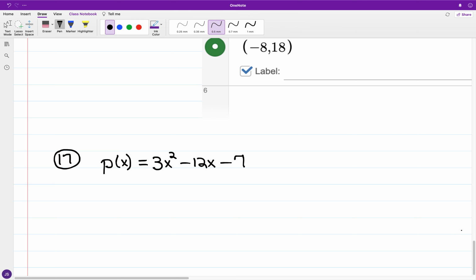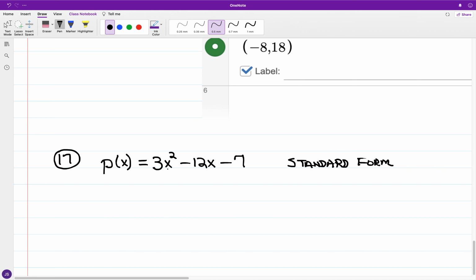So I got p of x equal to 3x squared minus 12x minus 7. Again, this is going to be the standard form, and as we proceed to translating it to vertex form.